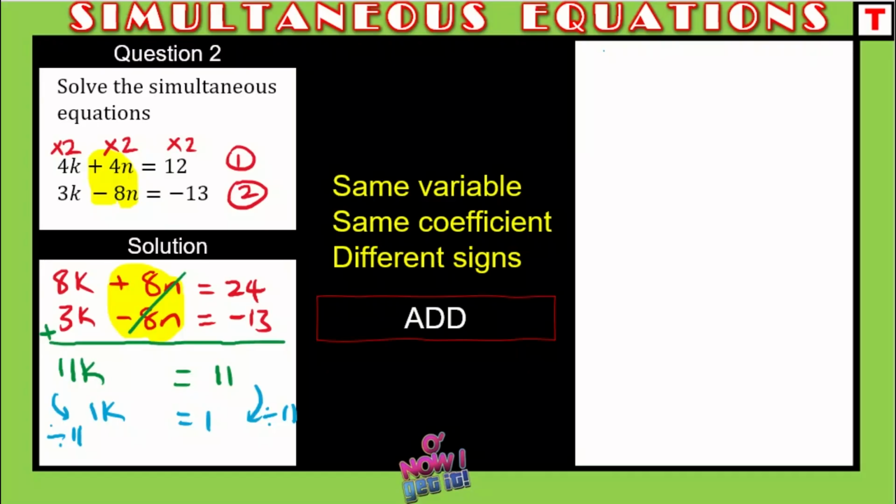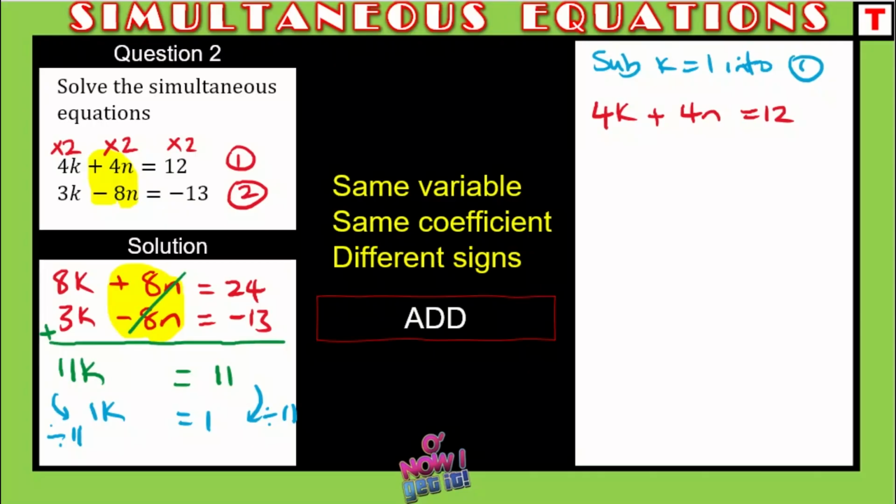So now we're going to state that we're going to sub k is equal to 1 into, and we choose the equation. At the moment, we want to choose the one that is mostly positive, and equation 1 looks good. So we're going to be doing that with equation 1. So let's rewrite equation 1. So we have 4k plus 4n is equal to 12.